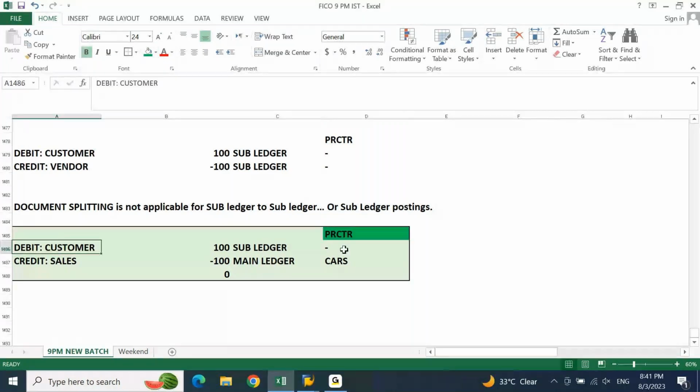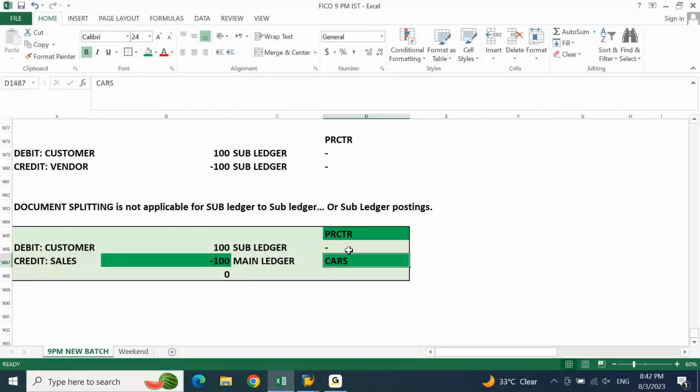Now if I look at profit center car, at profit center car level, do I have credit? For profit center car, I have a credit 100, fine. But at cars, do you have any debit? No, sir. For cars, there is no debit.